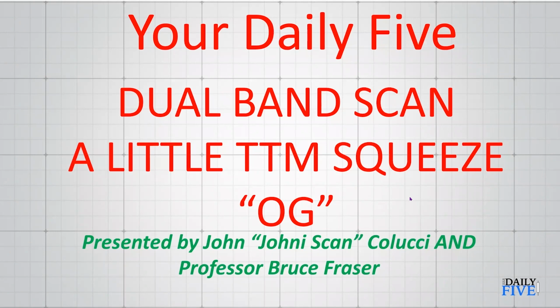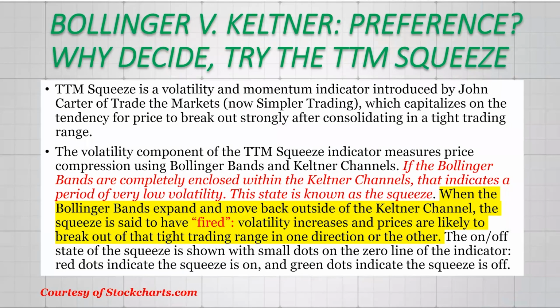So we're going back to basics with a Bollinger versus Keltner look. Two volatility measures, both have their own characteristics, one based on standard deviation, the other based on ATR. We like them both. They can, in fact, be combined using the TTM Squeeze.